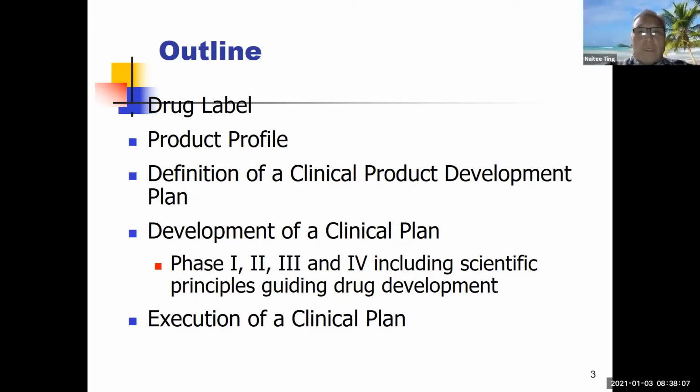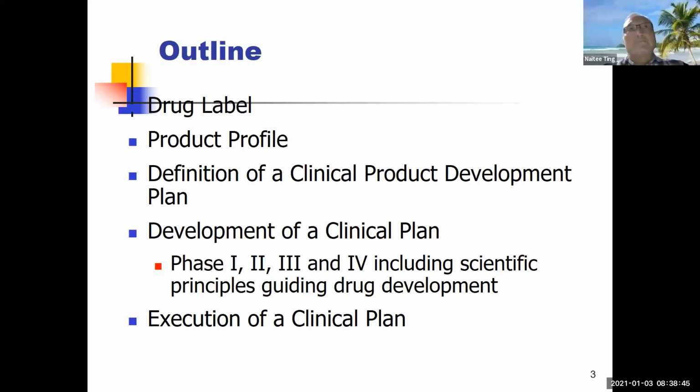Now, we all understand that drug development can be very expensive. Companies spend billions of dollars to develop a new drug. In today's setting, the amount of money invested in developing a new drug could go up to $2 to $3 billion.